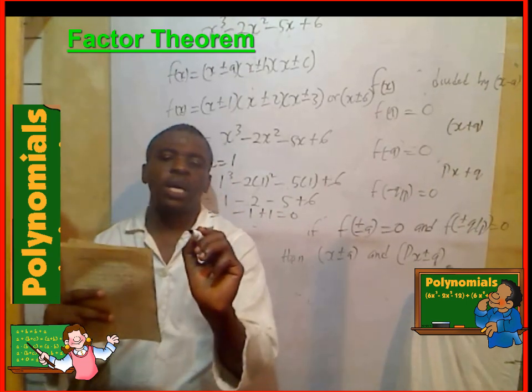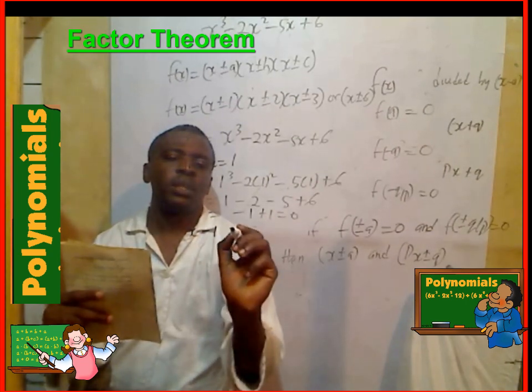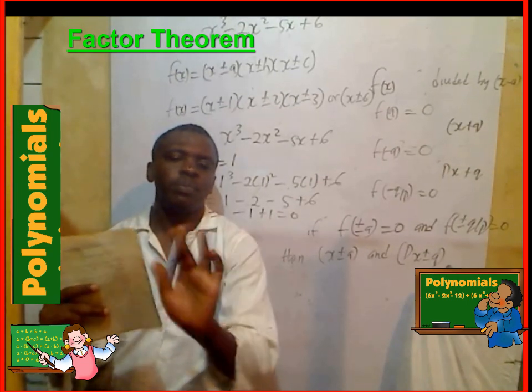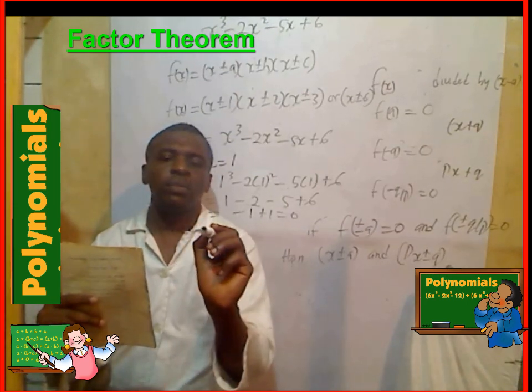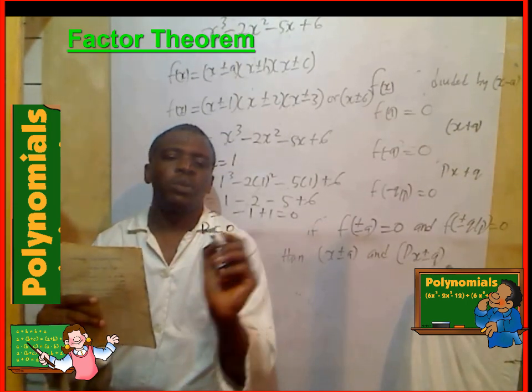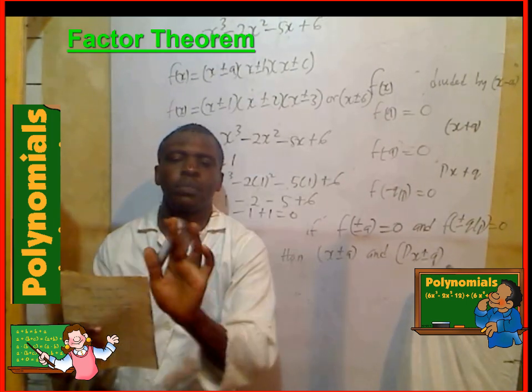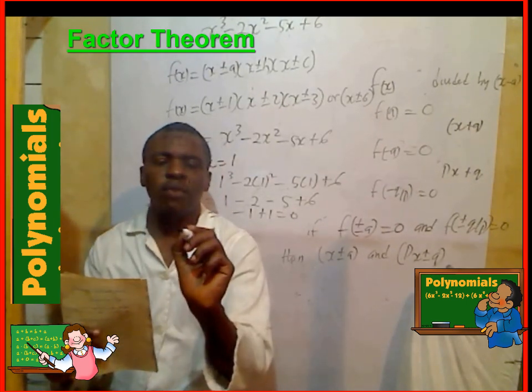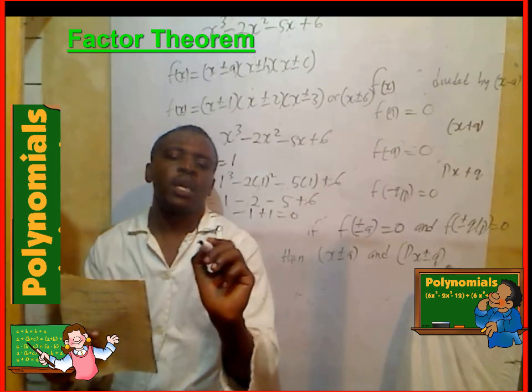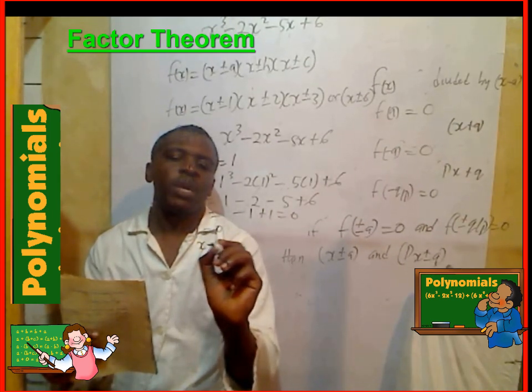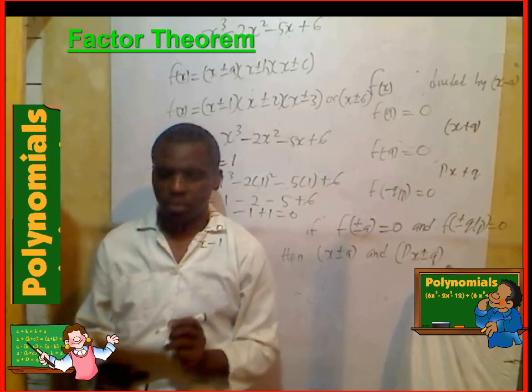So since r is equal to 0, and f of 1 is equal to 0, this means that x minus 1 is a factor.